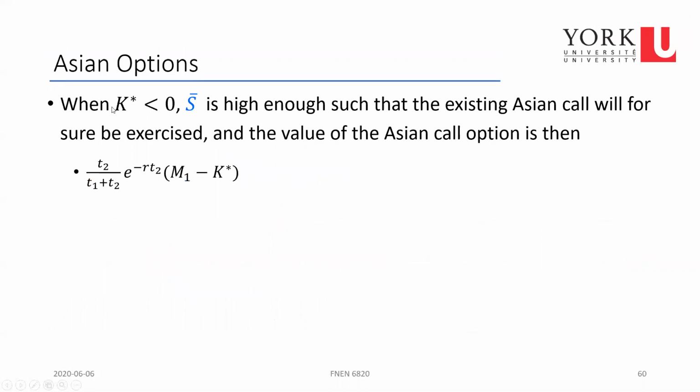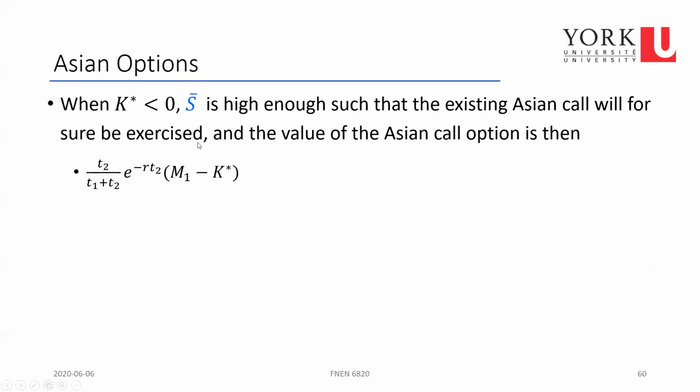Well, if K star is negative, that means S bar must be high enough such that the Asian option will for sure be exercised.